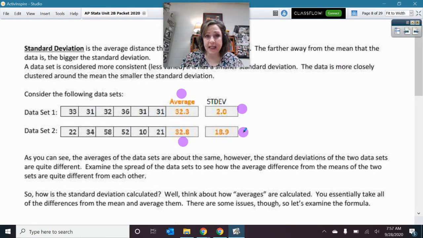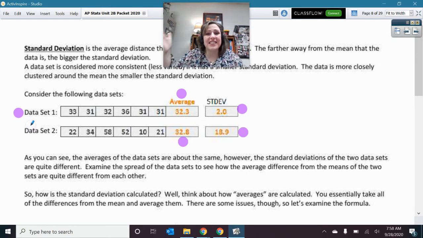And the reason, of course, is because data set 1 is much more closely clustered around the mean. Closely clustered has less variability. So it has a much smaller standard deviation than data set 2, which is much more varied.